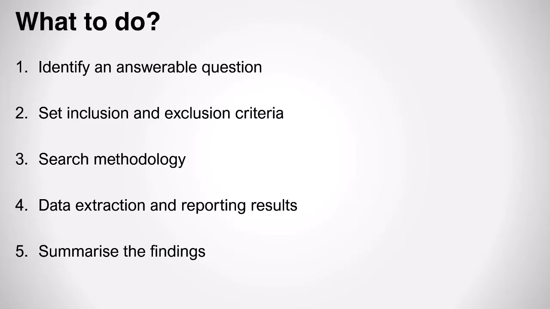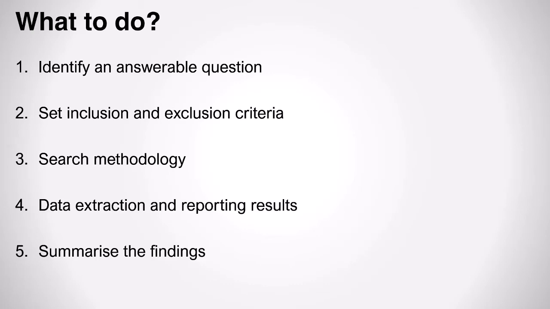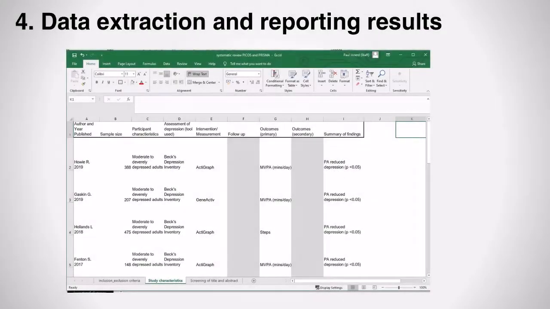We've identified an answerable question, we've set the inclusion and exclusion criteria, and the search methodology. And the next part is just to look at data extraction and the reporting of the results, and then how you summarize findings.